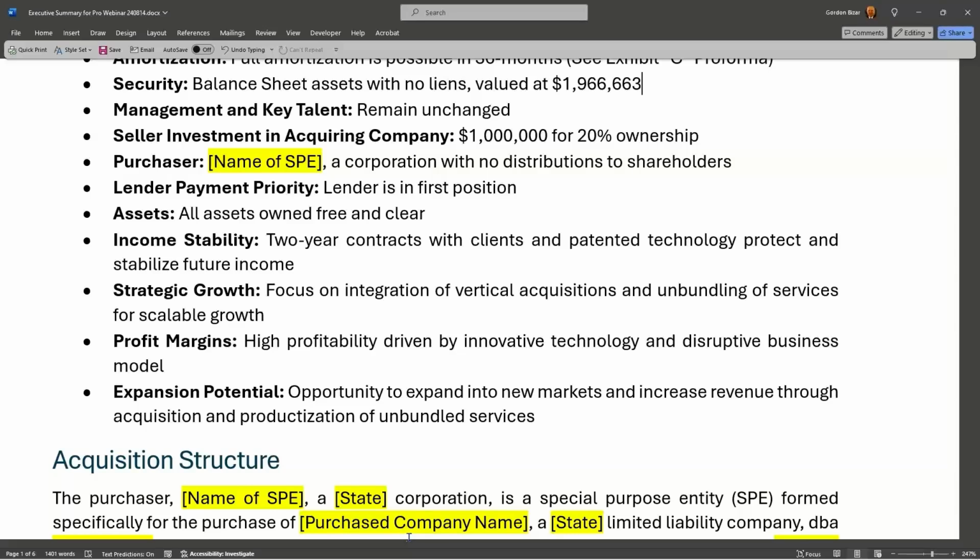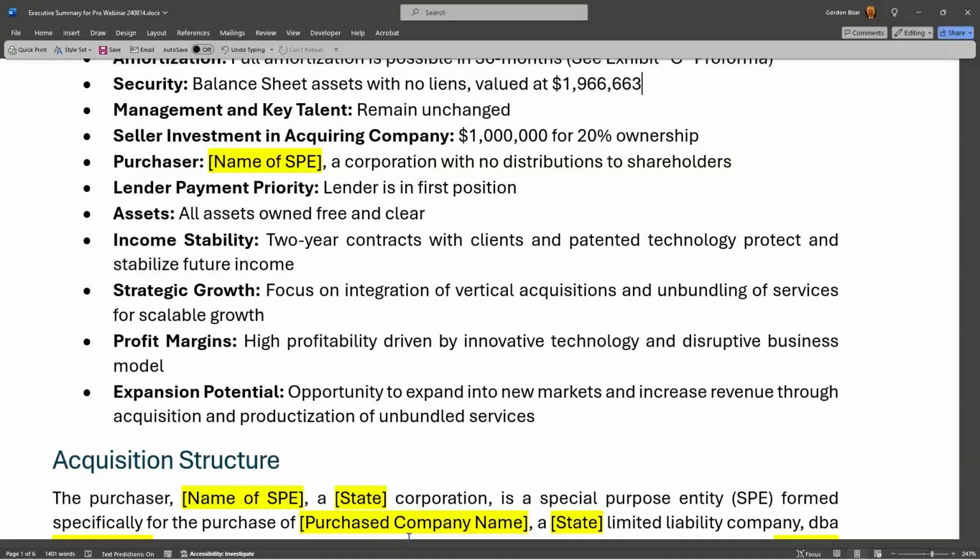And what focus on integration of vertical acquisition means is this company provides a certain level of services. And we're going to acquire in the same buying company other companies that are vertical to this particular company. In other words, this company provides a certain service, but there are things that this company needs in order to provide those services.